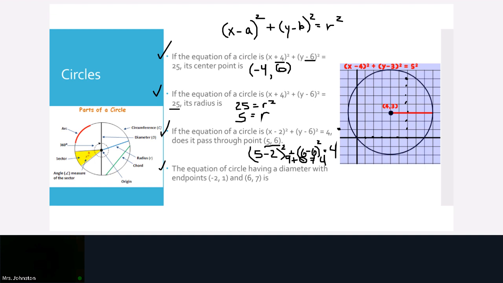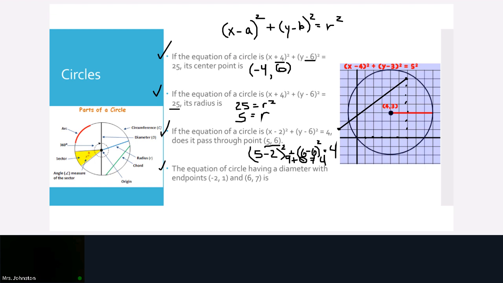And these are the endpoints of the diameter of a circle. So, what can we find out from this line? Well, we can definitely find out the radius. First, we'll have to calculate the distance of this line, and then we'll have to calculate the midpoint.